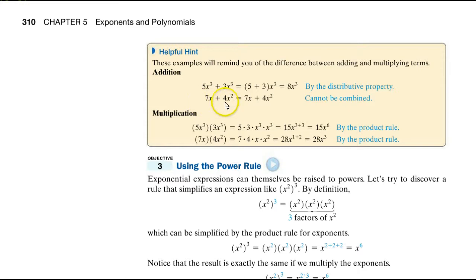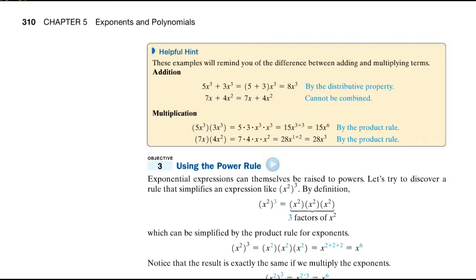And here we can't add because they're not like terms. Now when we multiply, we multiply the numerical coefficients and we multiply the variables by adding the exponents. Okay? So note the difference here. I think this is a useful thing to look at and get it.